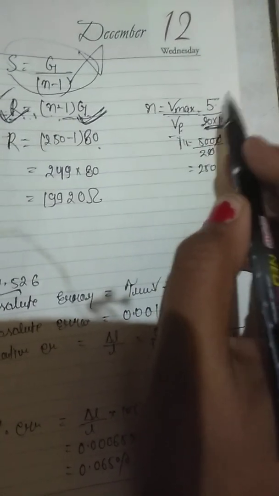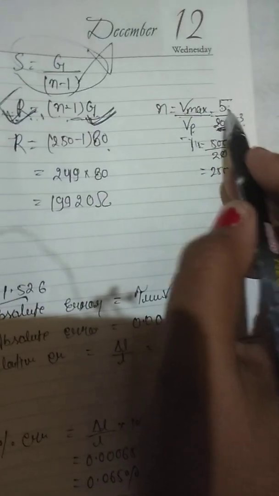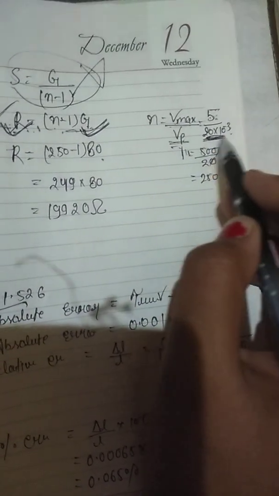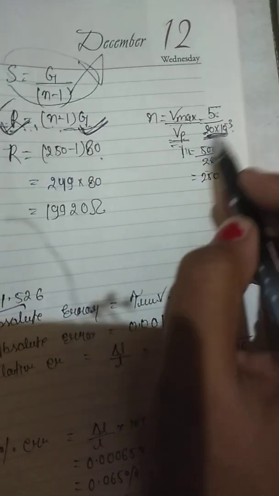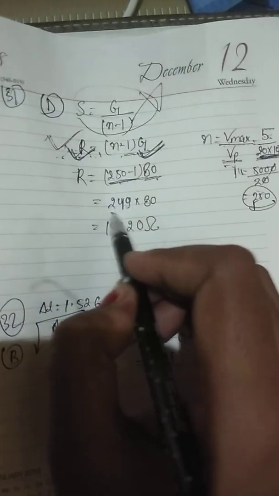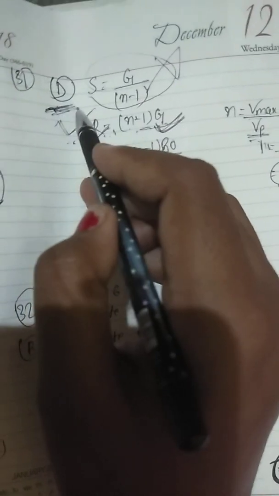Vmax is 5 volt, so 5 upon 20 into 10 to the power minus 3, because it has been given in milli. So 5000 upon 20, finally we are getting 250. By putting the value of n, 250 minus 1 into 80, 249 into 80, we are getting 19,920. So the option for question 31 is option D. This is the right option.